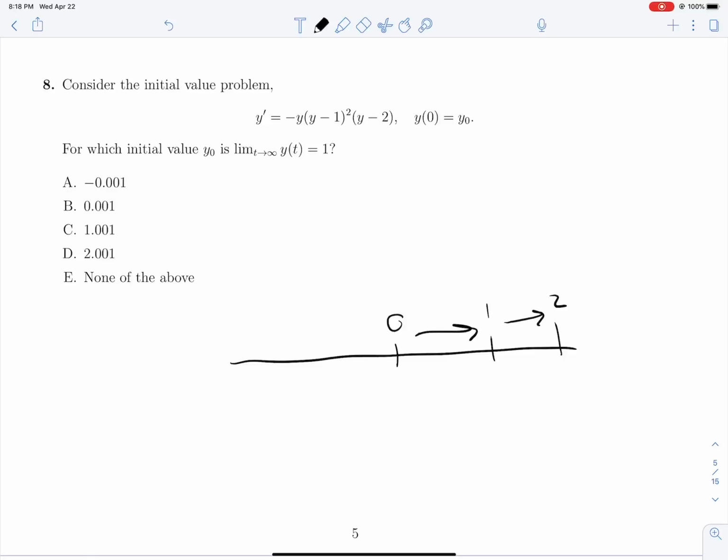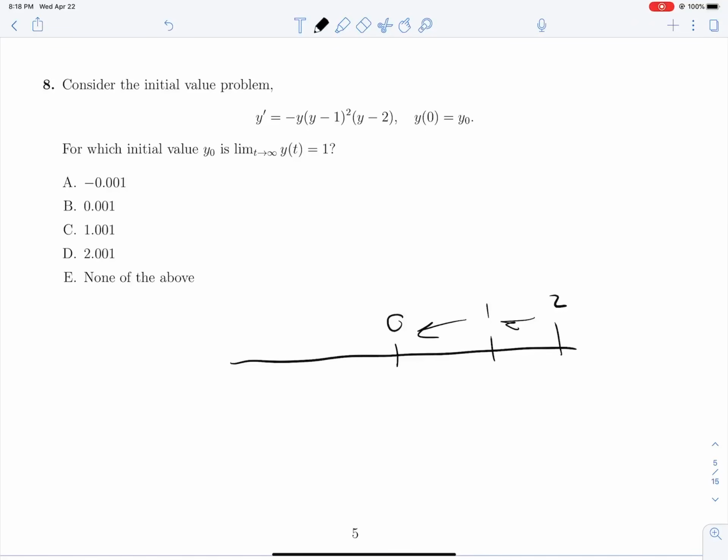That's because, as we pass by this point, this component will not change sign, although it will go to 0 when we actually hit y equal to 1. So all we have to do is plug in something here and plug in something here and see where they go. These arrows could easily be like this.